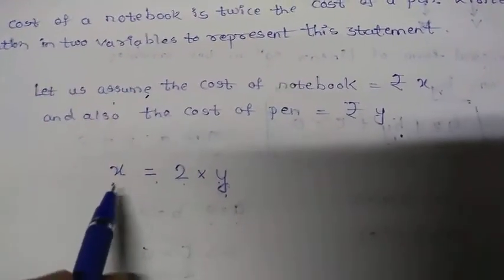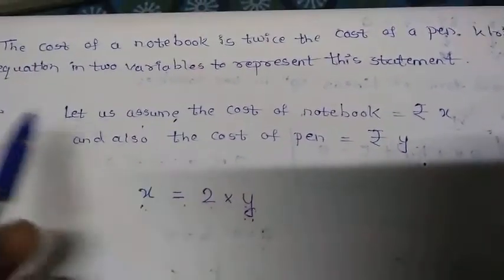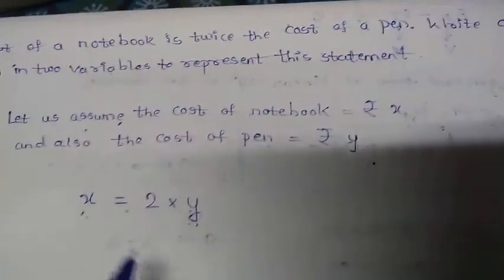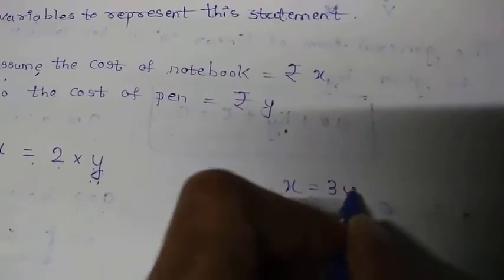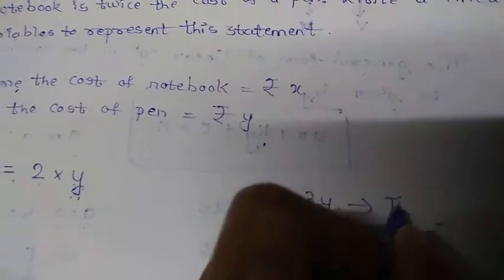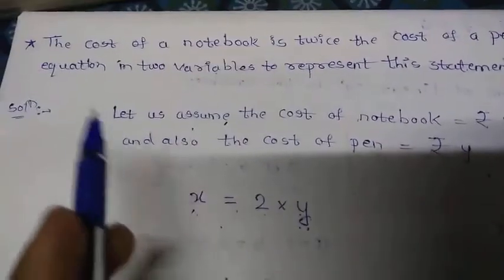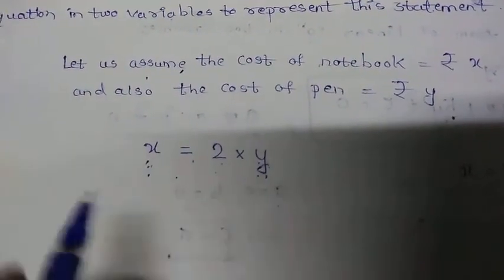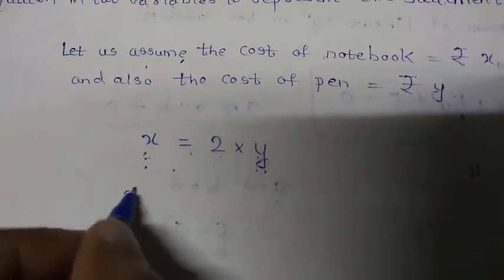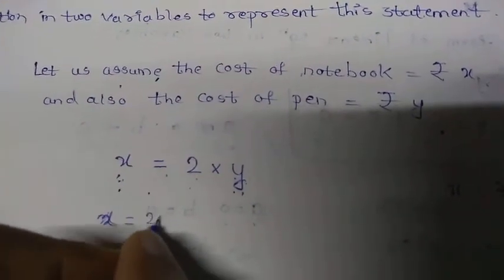So I hope how to write the statement in symbolic form is clear. If they had given that the cost of the notebook is thrice, then you would have written it as X is equal to 3Y. Since it is given that the cost of the notebook is twice, we write it as X is equal to 2 into Y. So this is nothing but X is equal to 2Y.